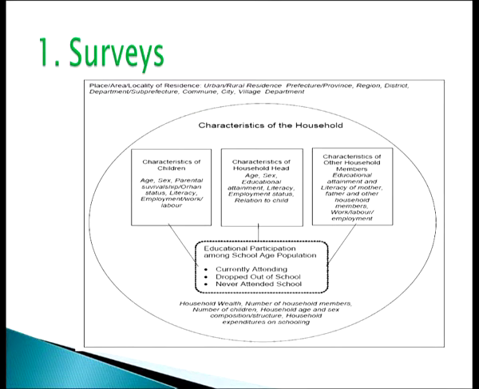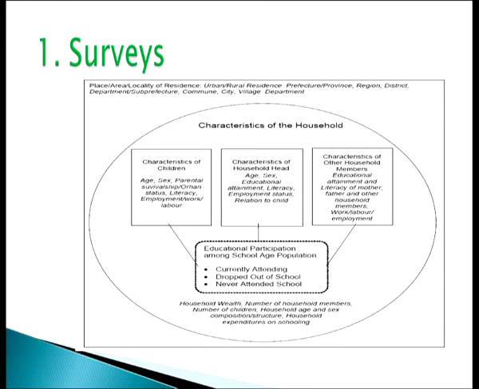And similarly, educational participation among school age population. Here we can have three categories: currently attending children, then dropout children, children who dropped out of the school at household level, and also even at household level, we can get children's information who never attended school.